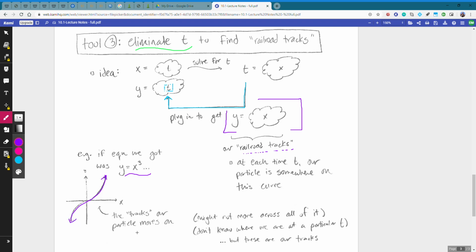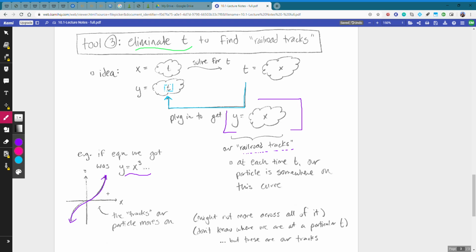What we would know is that our particle never leaves this curve. Our particle is always at every point in time somewhere on this curve. So somehow these are the railroad tracks, and our particle is the train that is moving along this thing.